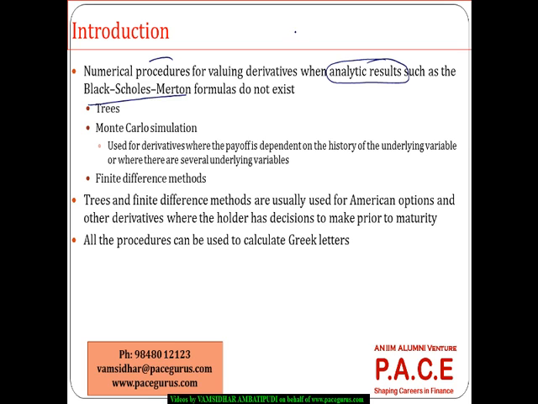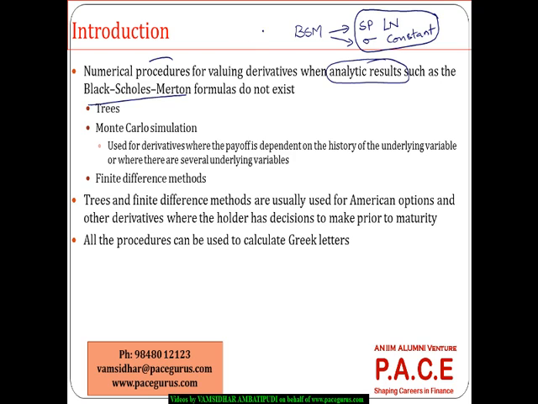And we know that a formula like Black-Scholes makes a lot of assumptions relating to the stock price movement. Stock price follows a log normal distribution, or it makes an assumption that the volatility is constant. So only when there are so many restrictions that are applied, I can use an analytical result like the Black-Scholes formula.